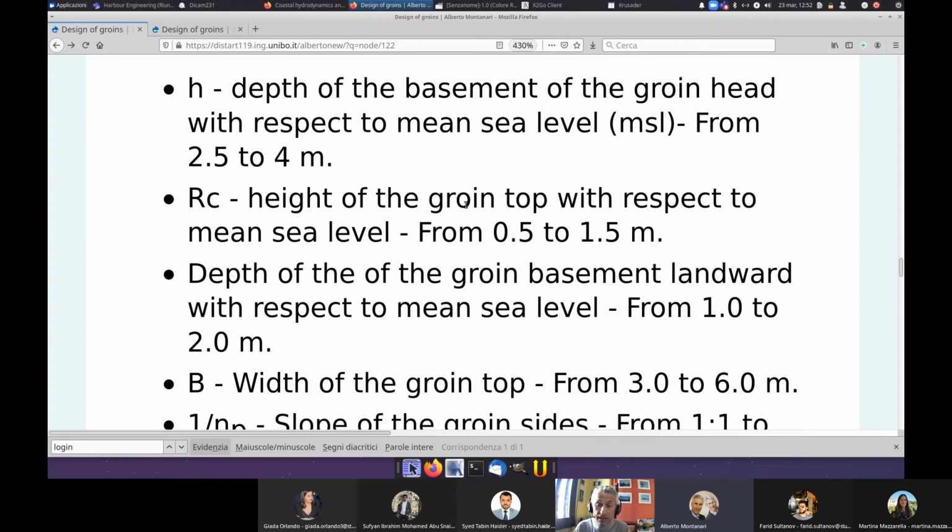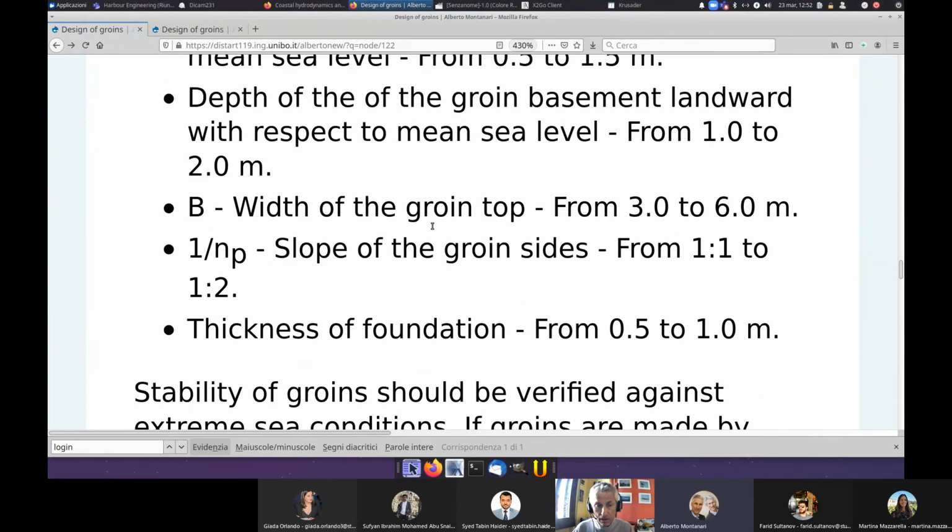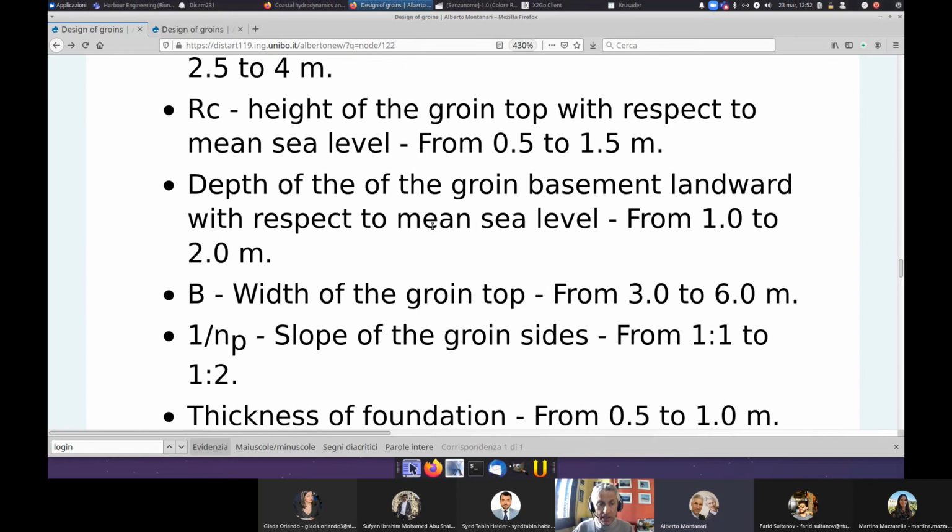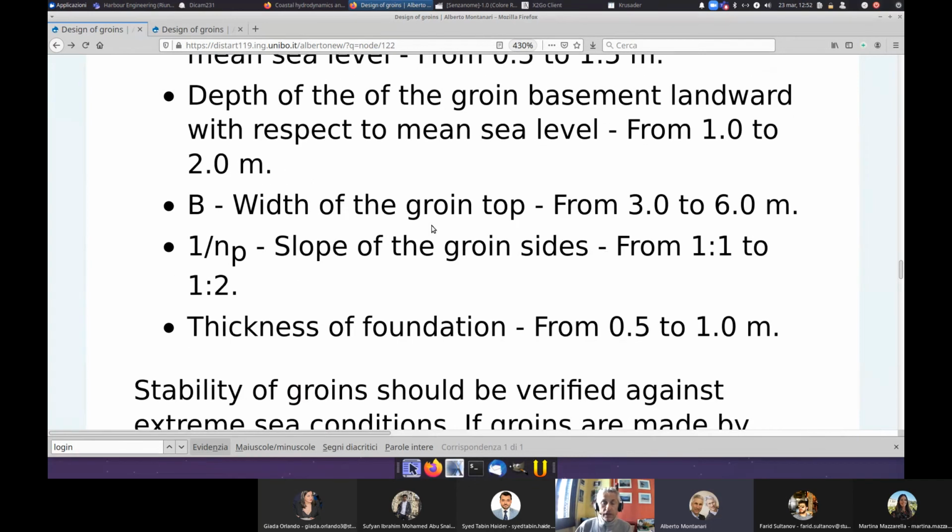In fact, we see that the range is from 1 to 2 meters compared with the same range at the groin head, which is 2.5 to 4 meters. Okay, now width of the groin top, which is from 3 to 6 meters. 6 meters is a lot.